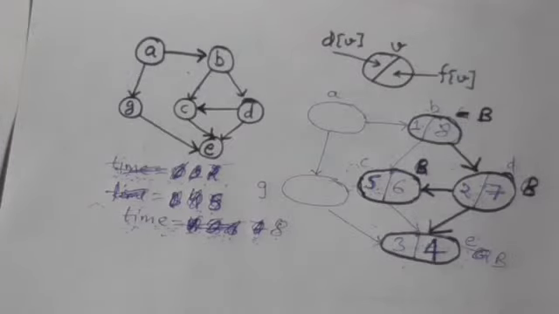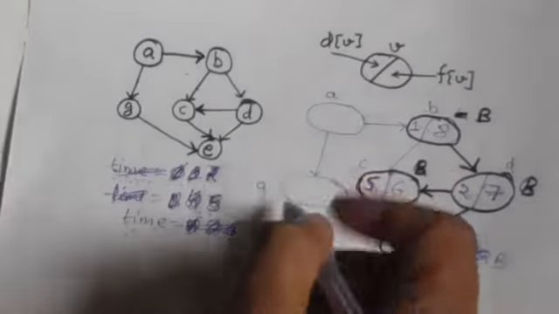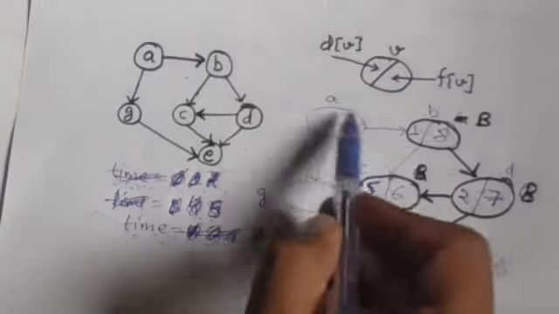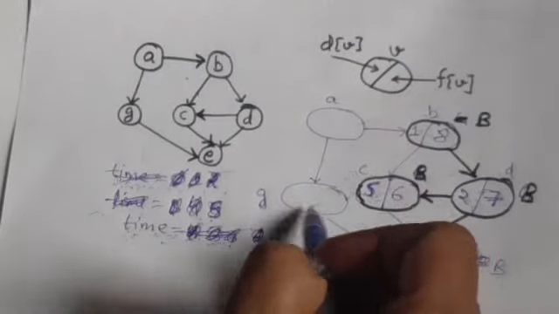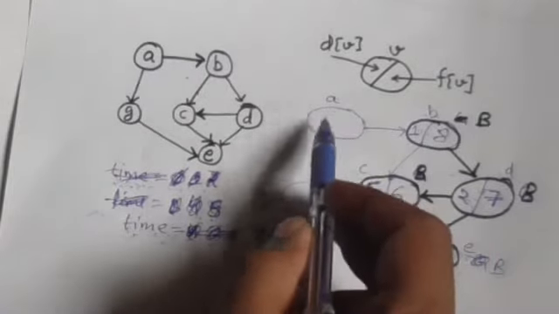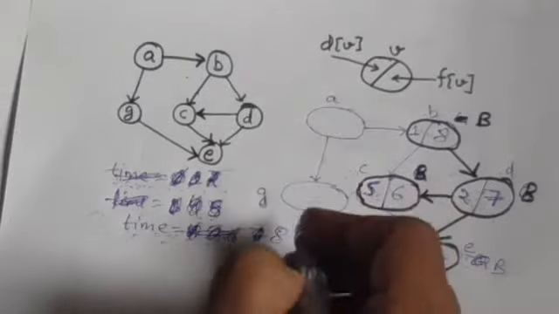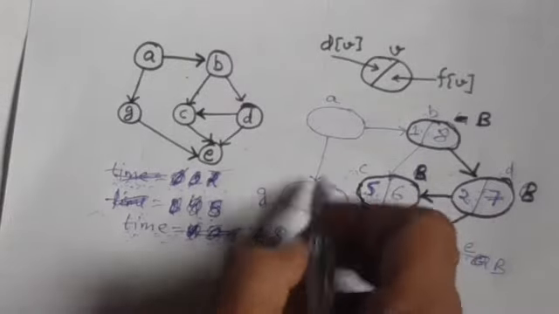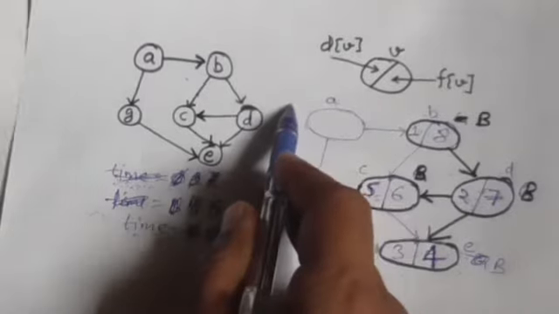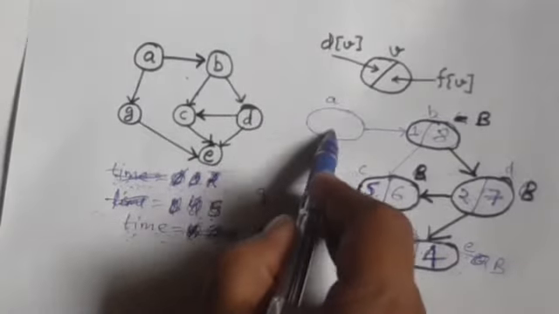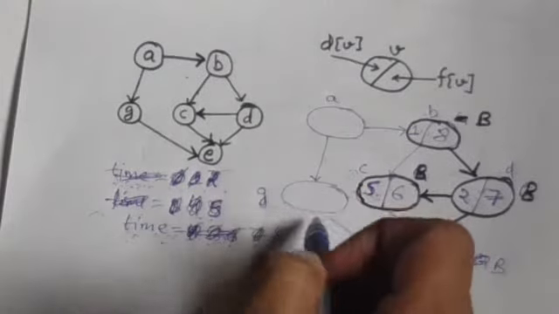So what will we do? Here two white vertices are left, A and G. We will take any one of them and we will call depth first search visit function on that vertex, right? So here I will take vertex A and I will call depth first search visit function on this vertex A, right?